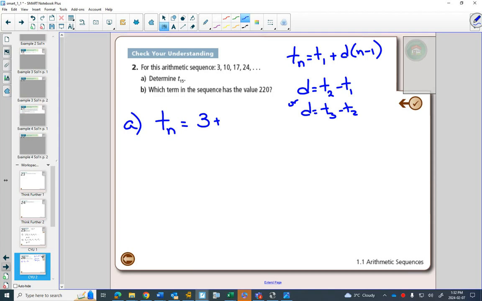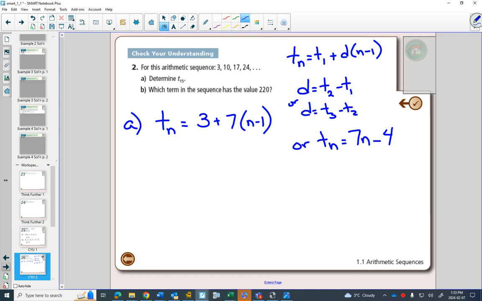Because if one of them isn't 7, it's no longer an arithmetic sequence. So our d is 7, n minus 1. And some of you will use the shortcut and say, okay, I'm going up by 7, so it'd be 7n. And then what would make it work? I would have to subtract 4. Either one of those would be perfect.